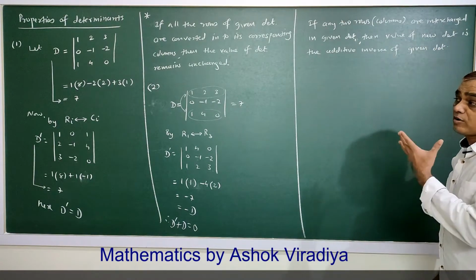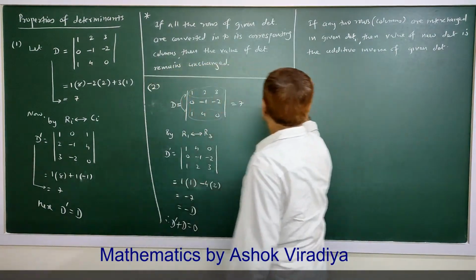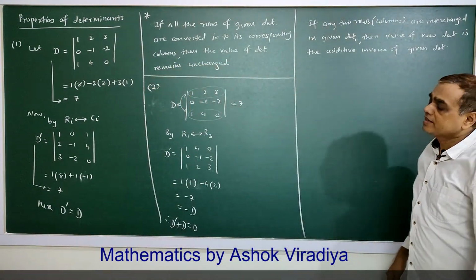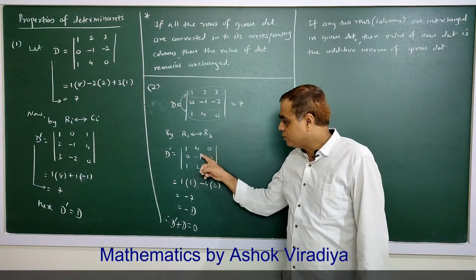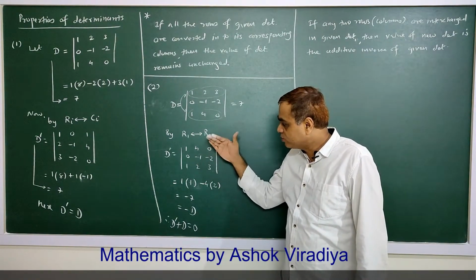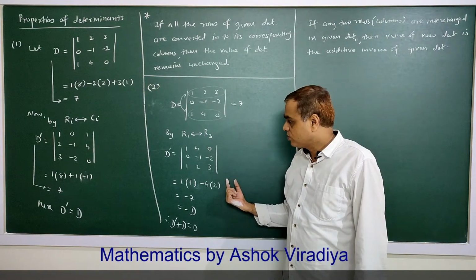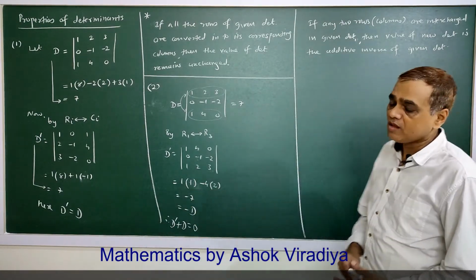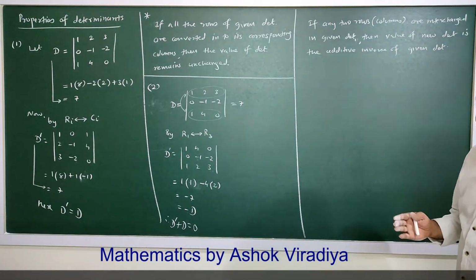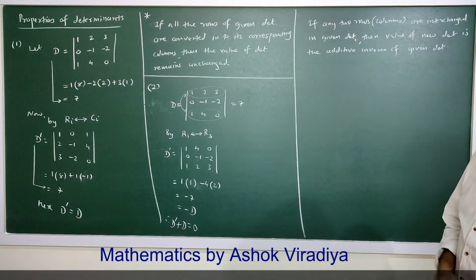So that is second property. So whenever applying these rules in any determinant, as we interchange any two rows or any two columns, then its value will be minus of given determinant. Means its sign will be changed.